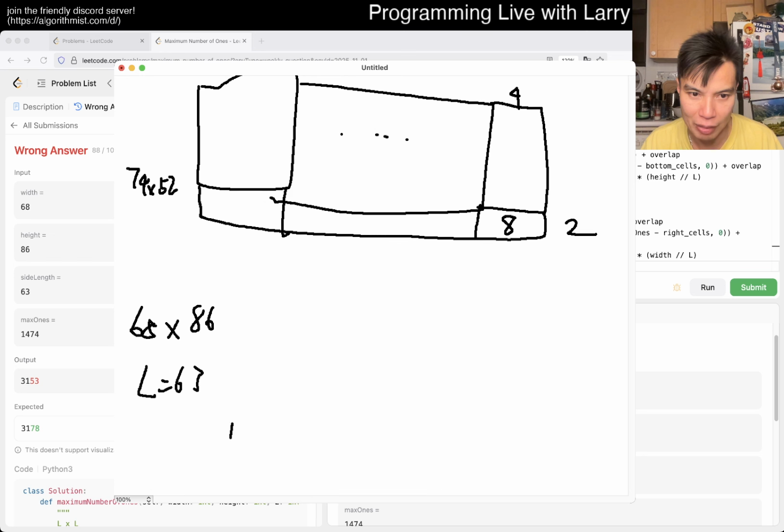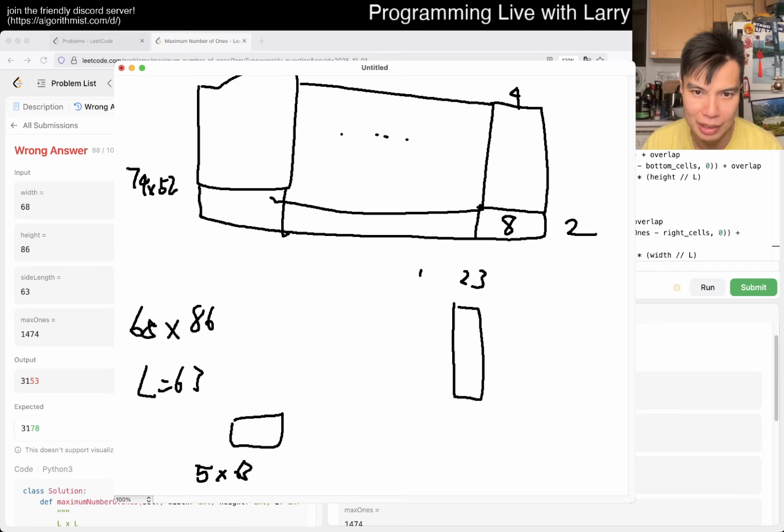So now you have 5 by 63 at the bottom, and then 68 by 23. Wait, is that true? No, wait, this is 63.